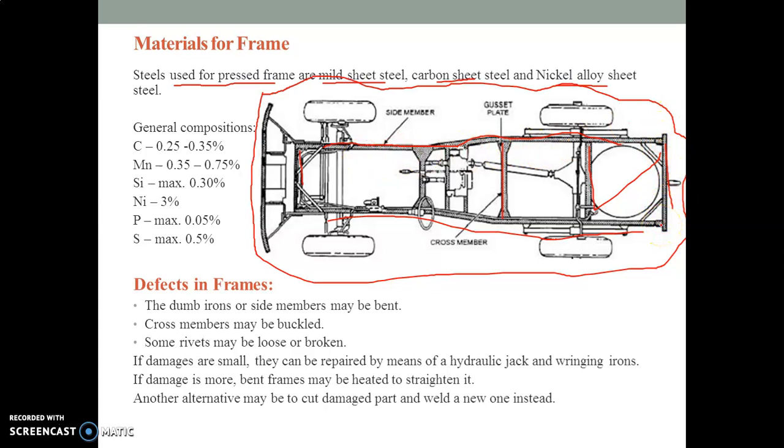So generally a normal composition of the material is represented, which provides the strength at various conditions of load.